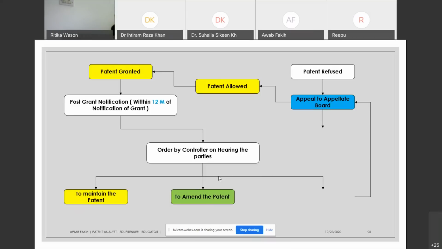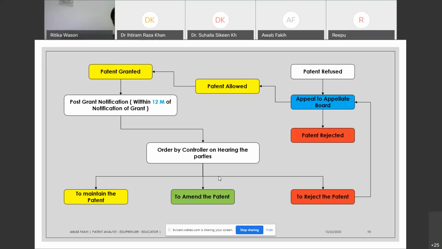What if the appellate board feels the decision taken by the controller is completely fine, it should not proceed further, and again it is rejected? So at any point, my dear friends, if it is rejected, you can always appeal to the appellate board and fight your case. So you don't have to lose hope.